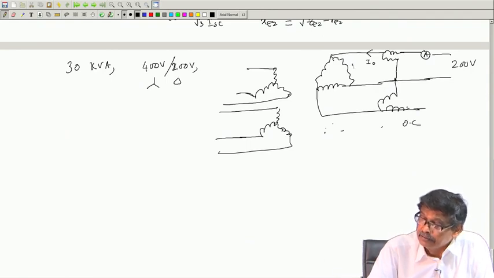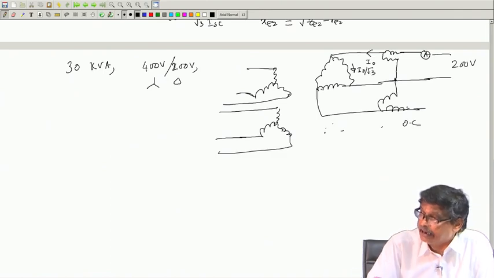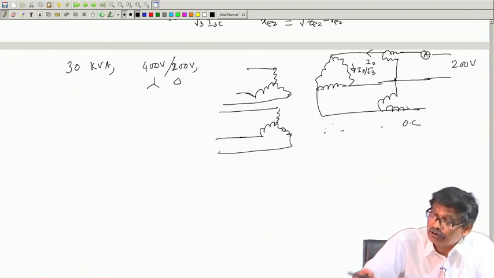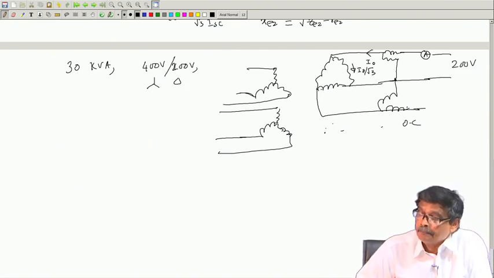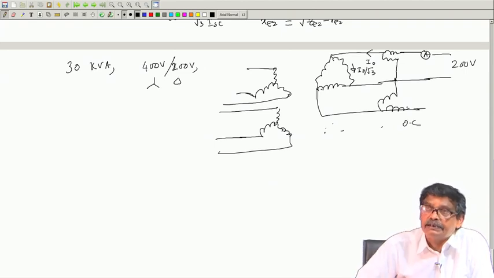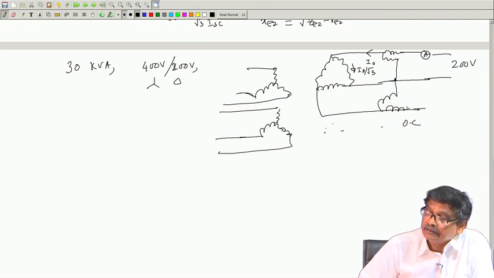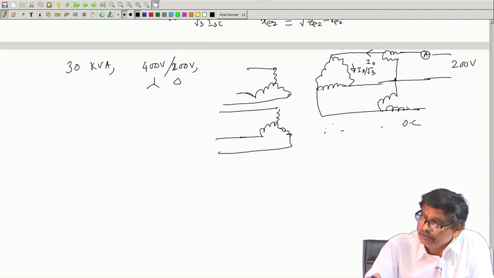I will say this is I naught by root 3, if it is delta connection, I know that. So, through the winding I naught by root 3 is going. Okay. The total wattmeter reading during the open circuit test will be the sum of the core losses of all the 3 phases.